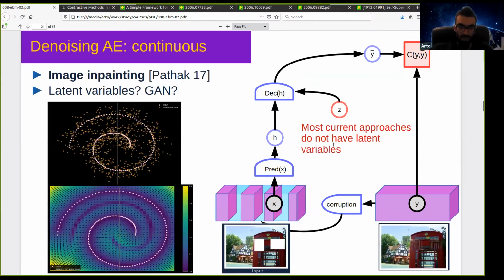Okay, and here is an example of application of this denoising objective. Here you see the spiral, and these bright points are on the data manifold, and these orange points are noisy data points.